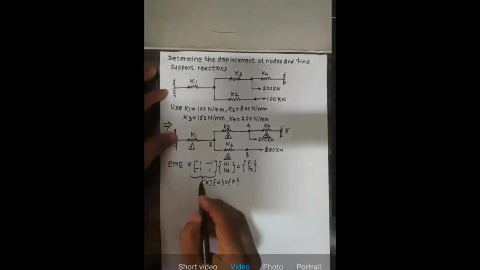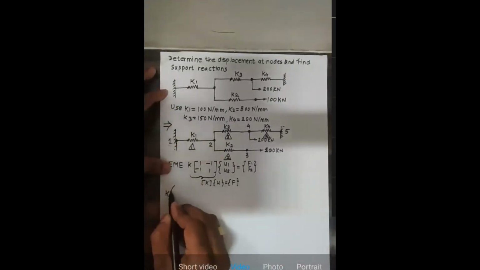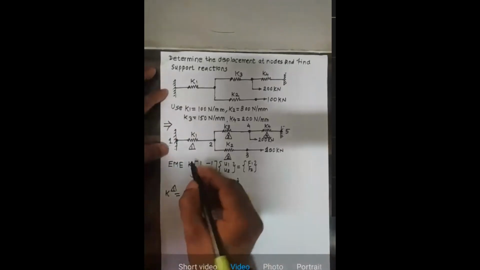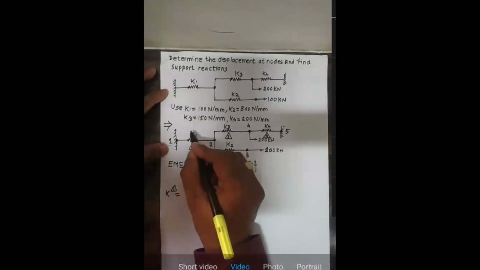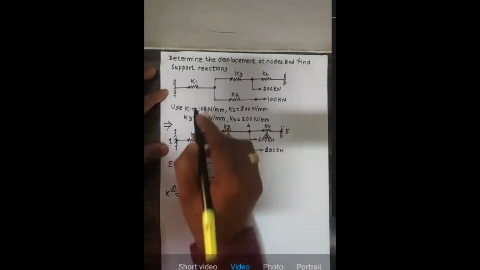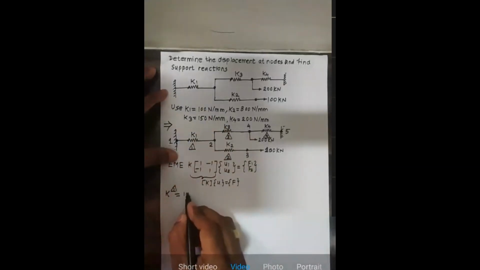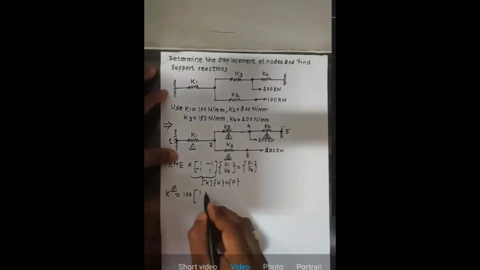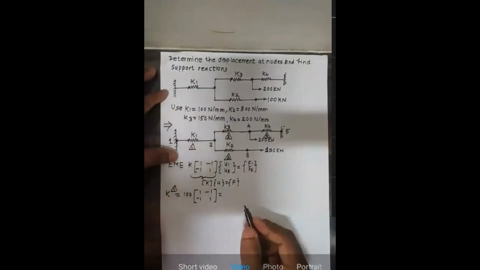Now we need to write down this element stiffness matrix for element number 1. For element number 1, stiffness is K1. What is the value of K1? It's 100. So 100 into [1 -1; -1 1].